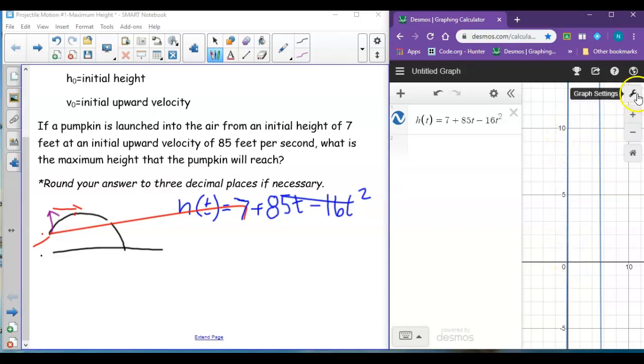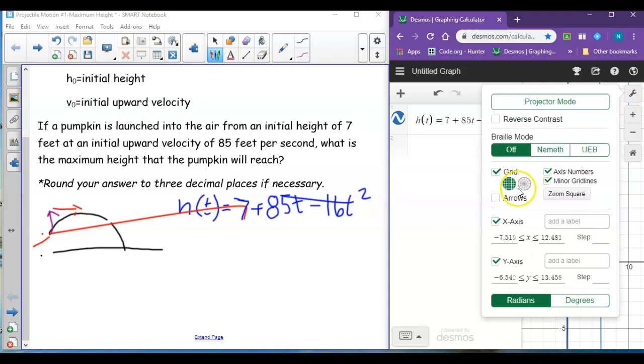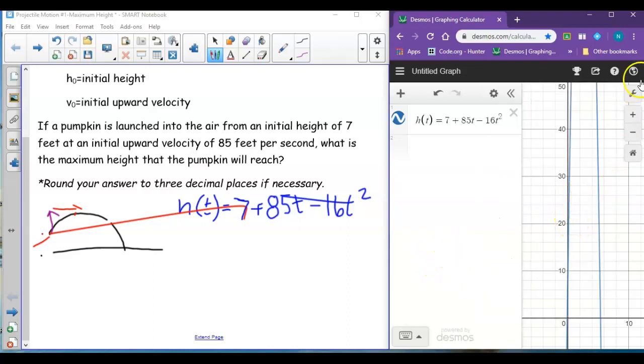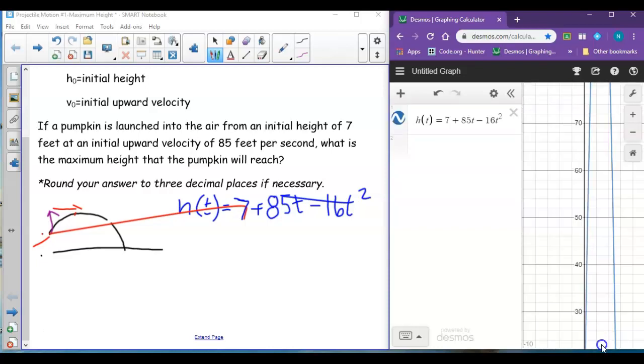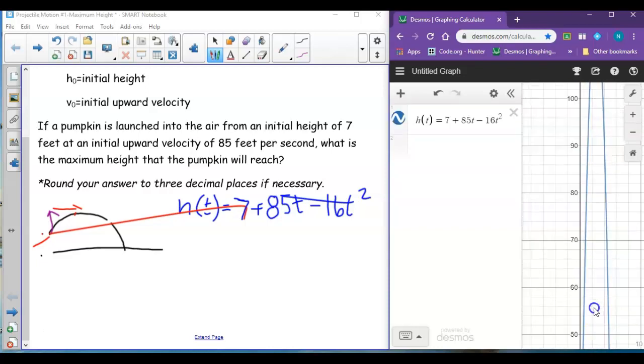So I'm going to go over here to the little wrench, and this will give you the settings on your axis. We need our y-axis, our vertical axis, to go a lot higher than 13 right here. So I'm going to change this maybe to 50 and see if that works. And it's not enough. I could just move this up now if I want.